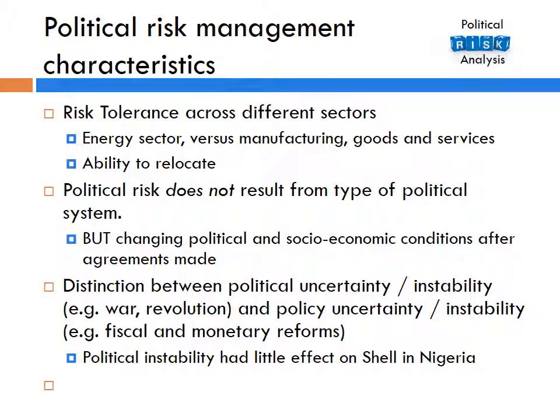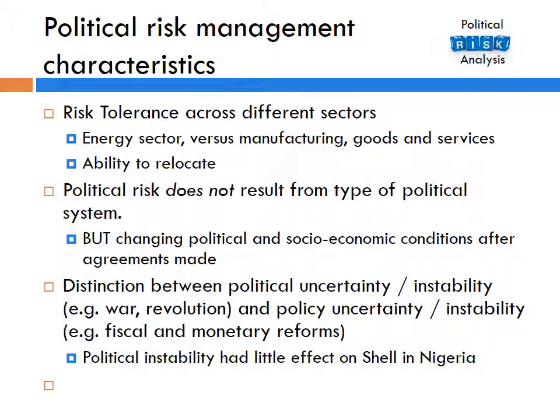Our second characteristic is that political risk does not necessarily result from type of political system, but changing political and social economic conditions after agreements made can create political risk. A third characteristic is that a distinction needs to be made between political uncertainty and instability, e.g. war and revolution, and policy uncertainty and instability, e.g. fiscal and monetary reforms.